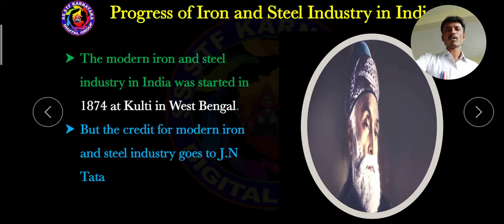But the credit for the modern iron and steel industry goes to J.N. Tata. Got it? The new technology industry was made by J.N. Tata. This industry used advanced scientific technology. So this was the reason. This was the first iron industry started in India, but the credit for the modern iron and steel industry goes to J.N. Tata.